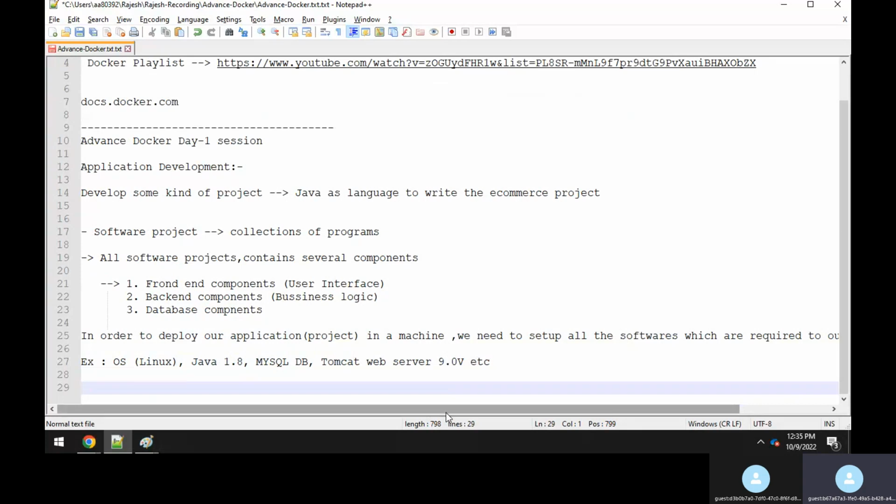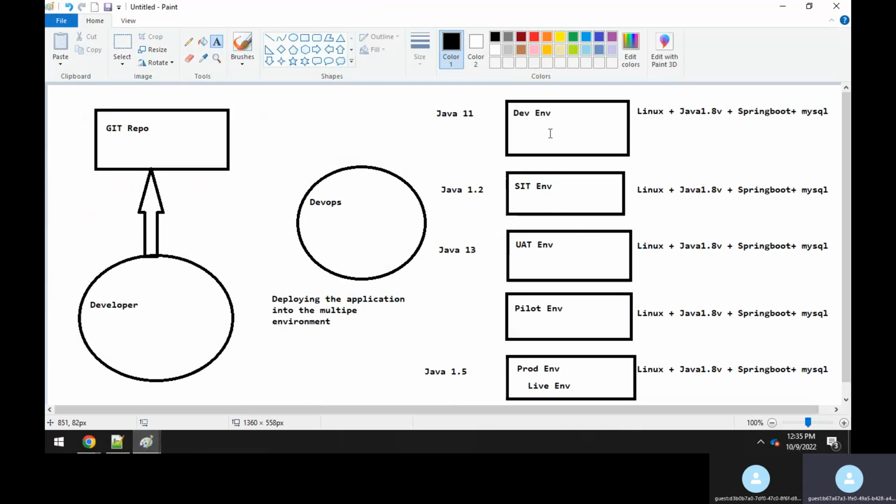Because we have to do all these things on all these different environments.